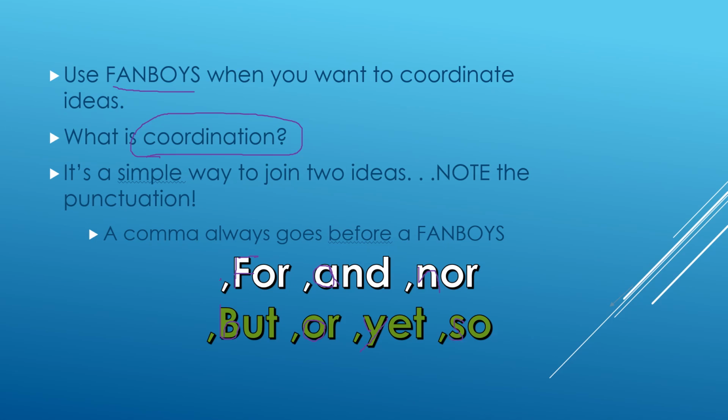And then here you'll see a comma will always go in front of your coordinating conjunction, aka fanboy. Right? So if I've commented on your essay, try to use a fanboy here, try to use a coordinating conjunction, this is what I'm talking about. There are only 7 coordinating conjunctions, so it's easy to remember.